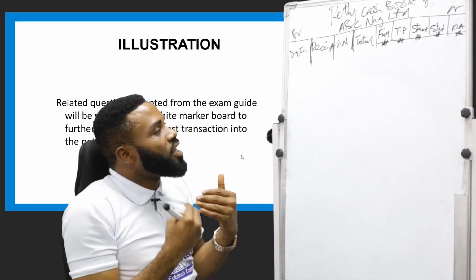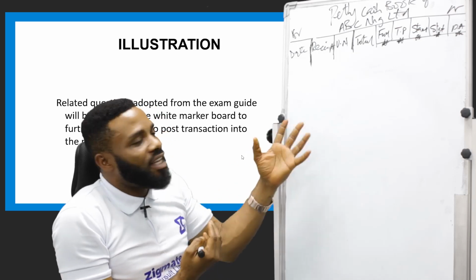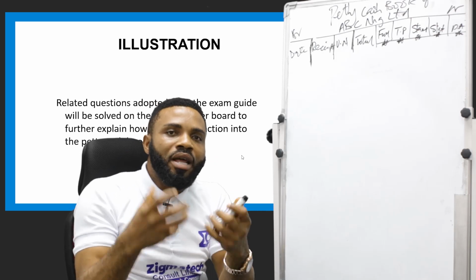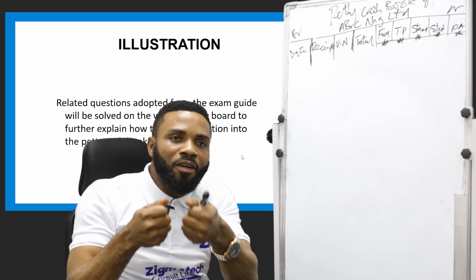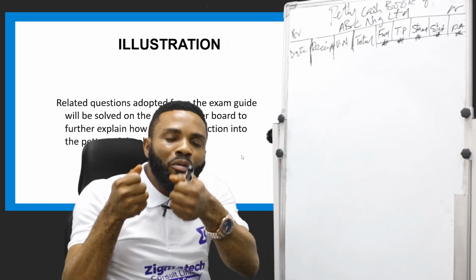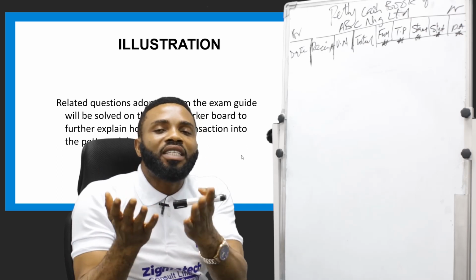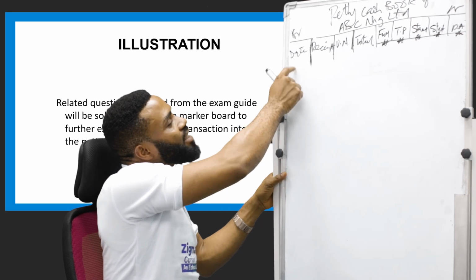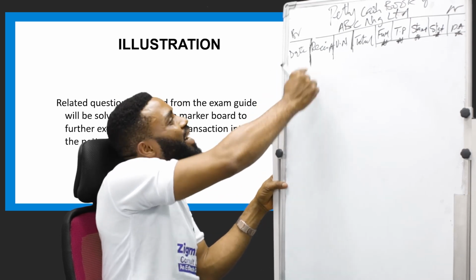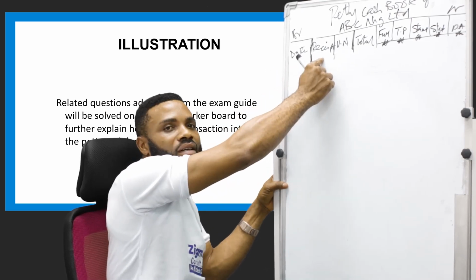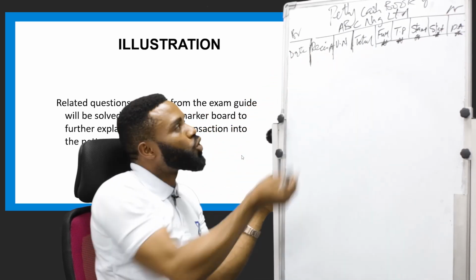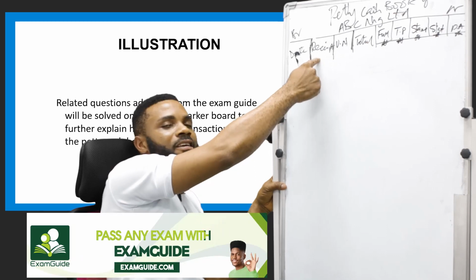Now, for instance, if we have a transaction which we are going to look at just now, when the main cashier disburses the float, and the float is coming into the hand of the petty cashier, he or she comes here and puts down the date, maybe at the beginning of the period, and then writes the amount here. Because now the petty cash book is receiving. So the amount will be written here.